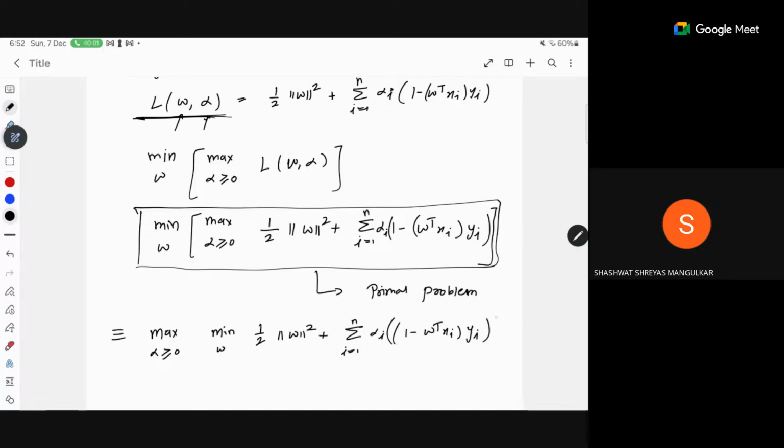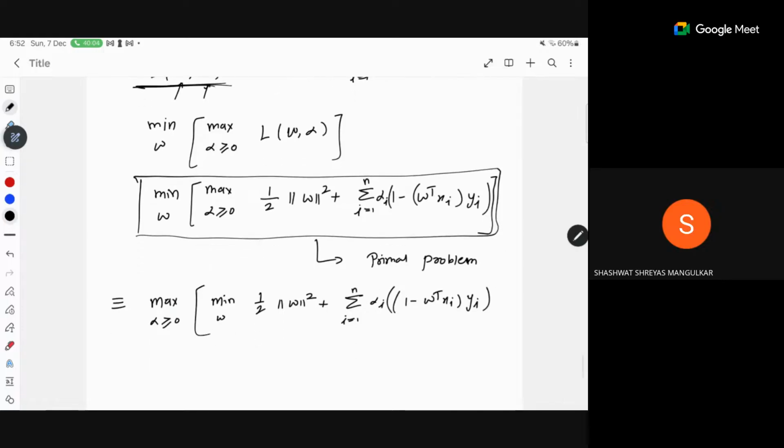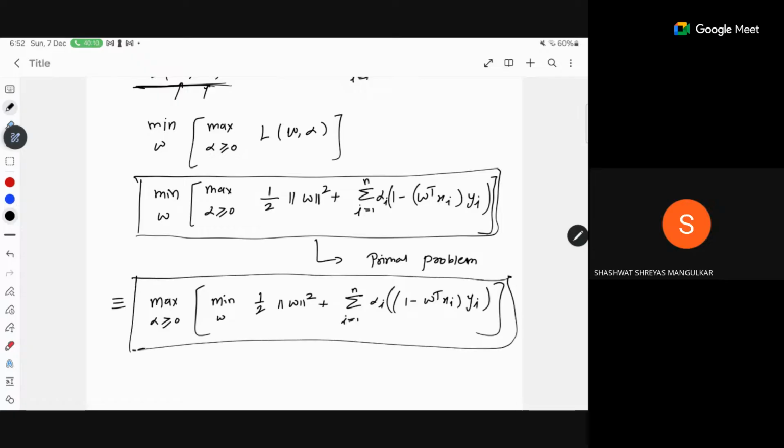This is the same problem I have written. Only what I have changed here are the positions. Min max will become max min. And this is your dual problem, right?